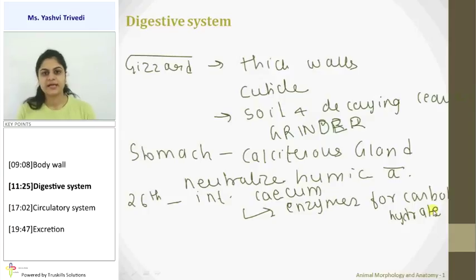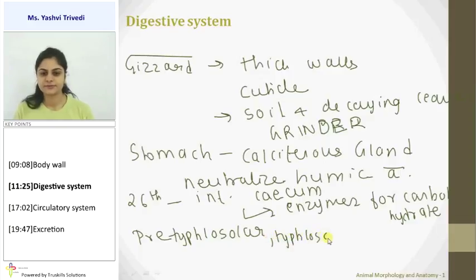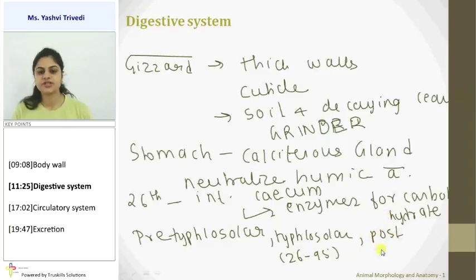So that will be done. As we have seen, the body is divided into preclitellar, clitellar and postclitellar regions. Similarly, the intestine is divided into pre-typhlosolar, which is before the 26th segment, then typhlosolar, which is from the 26th to 95th segment, and the last leftover 20 to 25 segments are said to be post-typhlosolar.